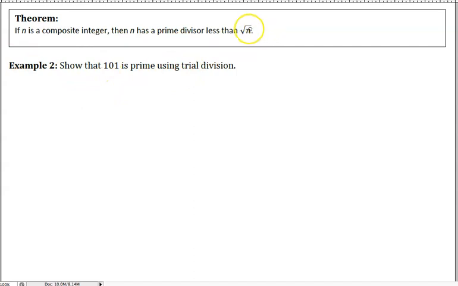That's because the square root of n times the square root of n makes the number itself, right? So if you go by contradiction and say it has to have a divisor bigger than the square root of n, then that's not going to work, because that means one of the divisors has to be less than the square root of n.